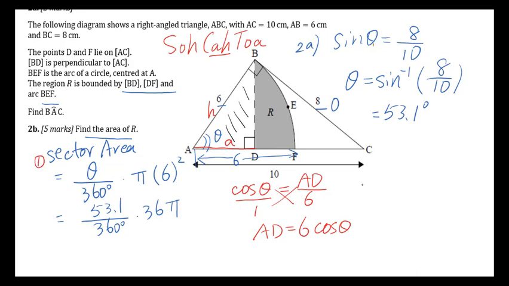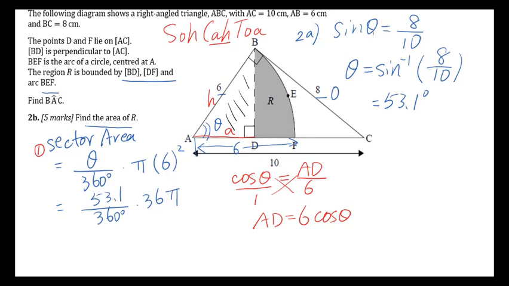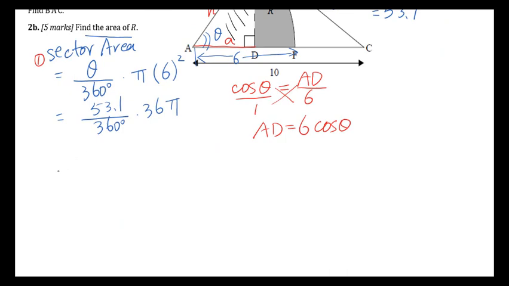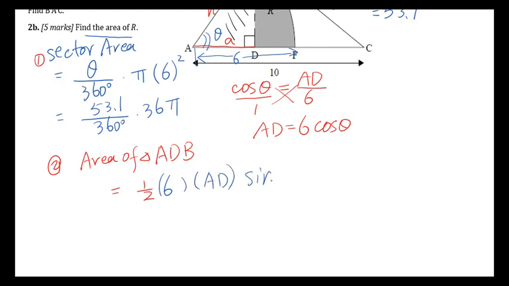So we can get the area of this triangle. The area of triangle ADB equals 1/2 times A, which is 6, times B, which is AD, then sine theta.